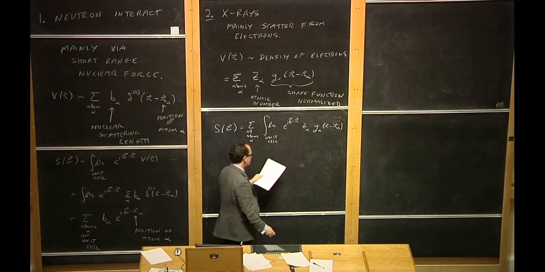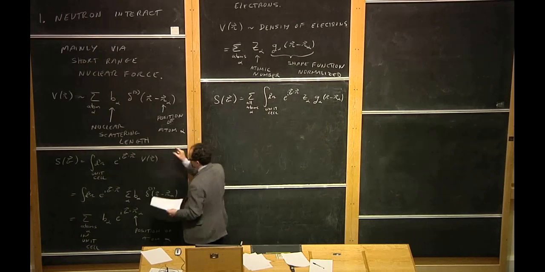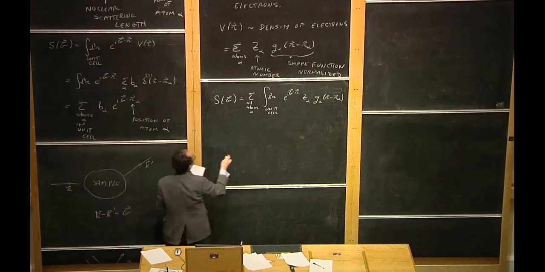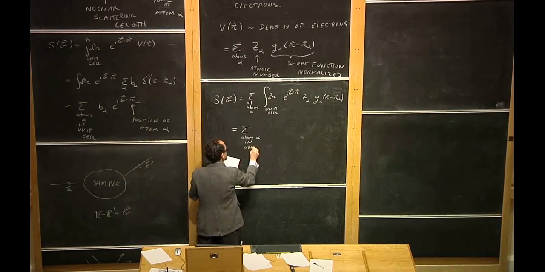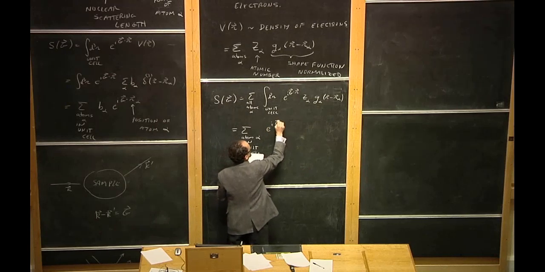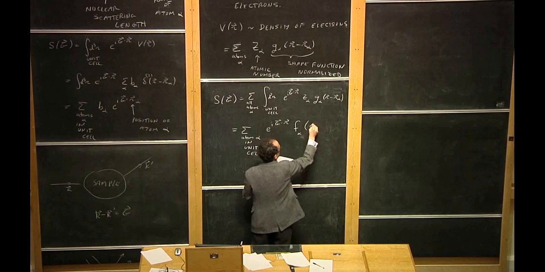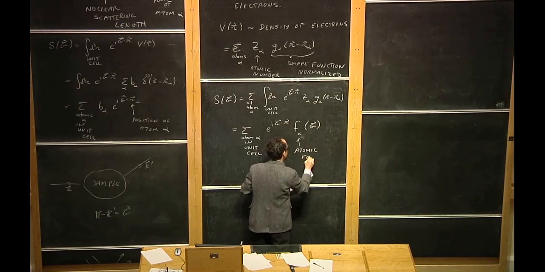If we do that Fourier transform, what we get is extremely similar to what we got over here, very similar to this equation. What we get is of the following form: the sum over atoms alpha in the unit cell of e to the i G dot r alpha times f sub alpha, a different letter, as a function of G. This is known as the atomic form factor.